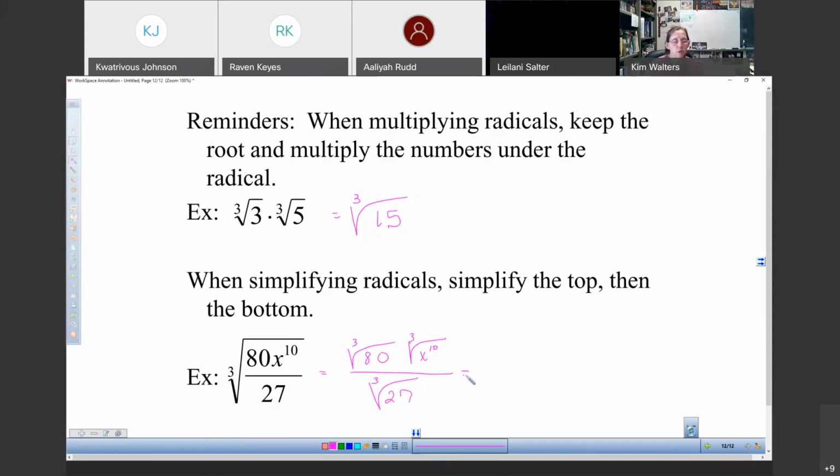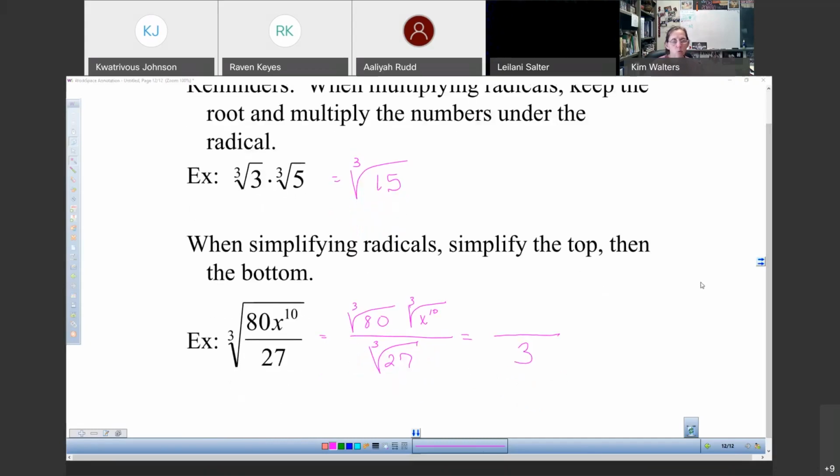Now the cubed root of 27 is, to me, the easy part. It is a perfect cube. Does anybody remember what the cubed root of 27 is? It's a lovely number. It is 3. The cubed root of 80 we have to work on, so we're going to come over here to the side, and we're going to work on this cubed root of 80.